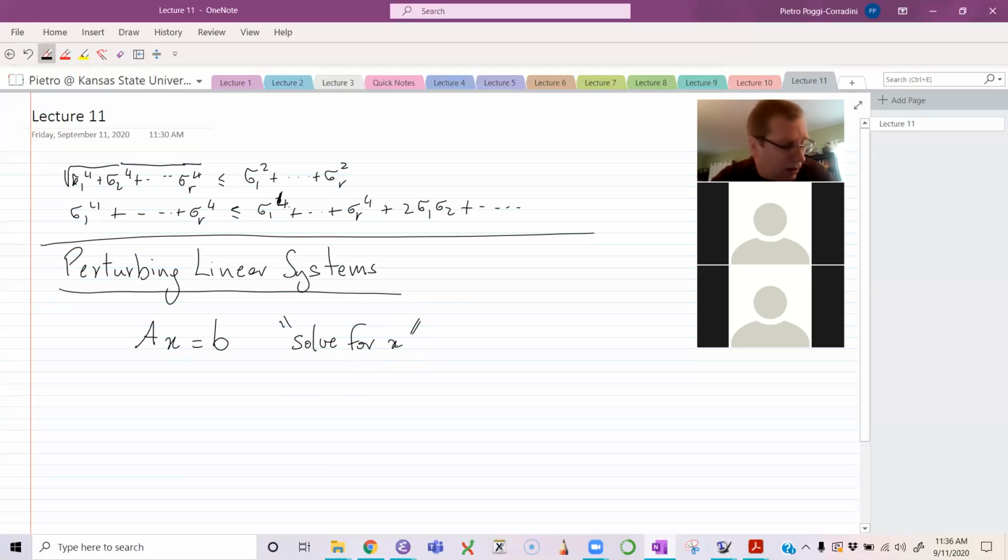Right? That's the typical, the most general system of linear equations in several unknowns. So A and b are given. Those are the data of your problem. And then you're trying to find x, the solution.